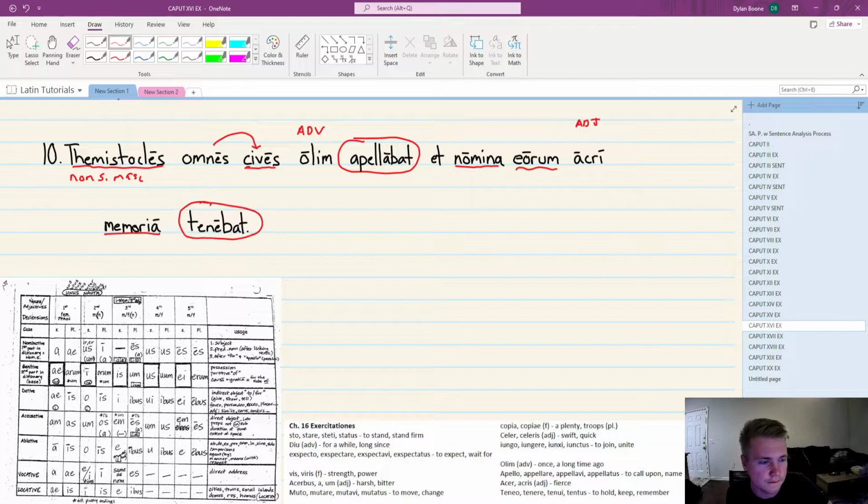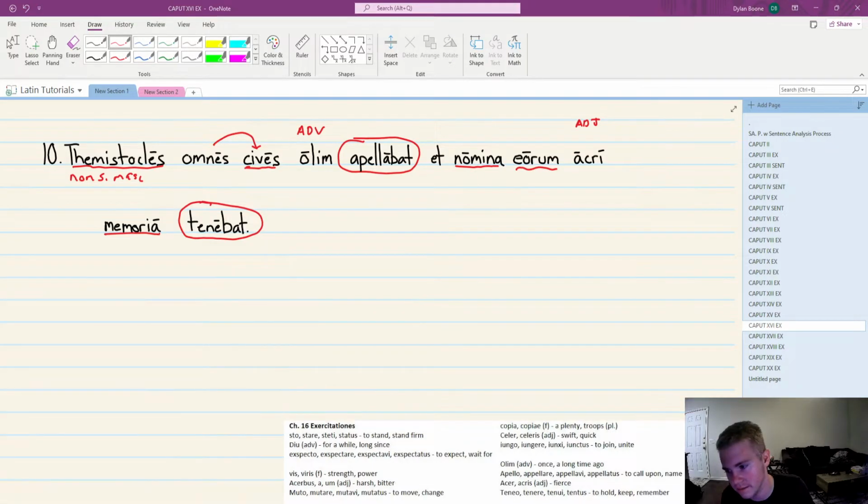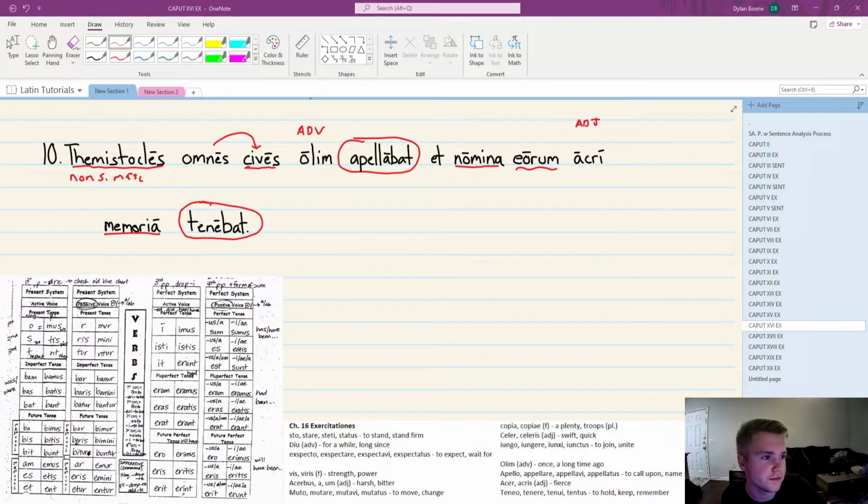All right. So we have appellabat. We'll go with the left side of the et for now. Appellabat. So we've taken appellare, dropped the re, added a bat. So similar to what we saw with the bam, but we're a third person, imperfect third person singular. Not too hard to go ahead and apply that down to tenebat while we're here.